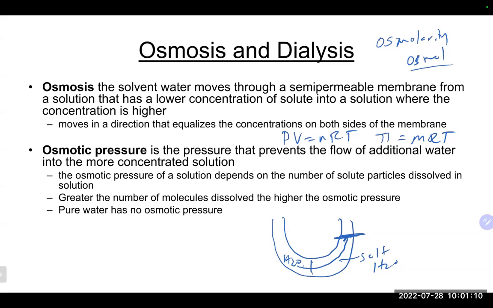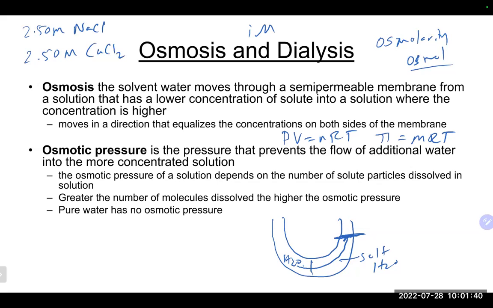And it's basically i times the molarity, if you will, and i, as we just talked about, is the van't Hoff factor. So to show you the difference if you had more particles in a solution versus less particles, say we have a 2.5 molar solution of sodium chloride versus a 2.5 molar solution of calcium chloride.